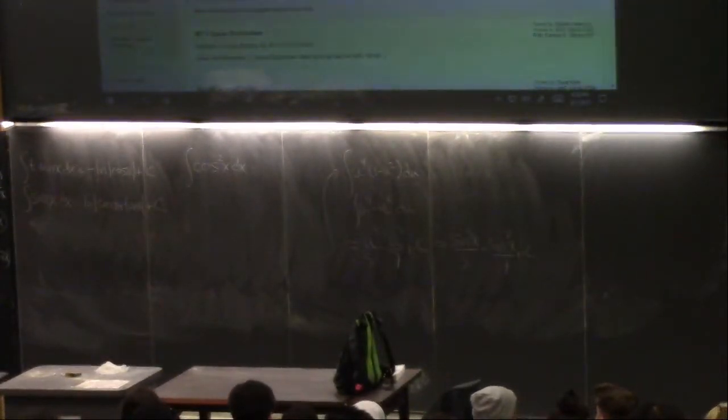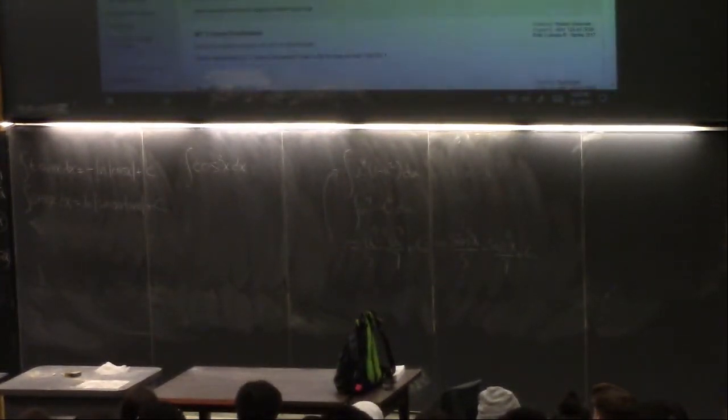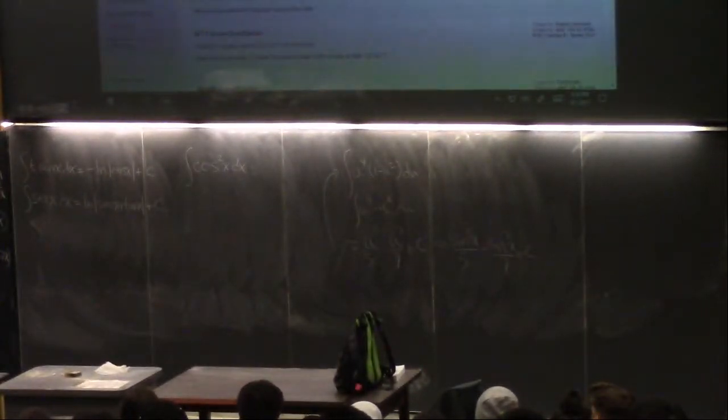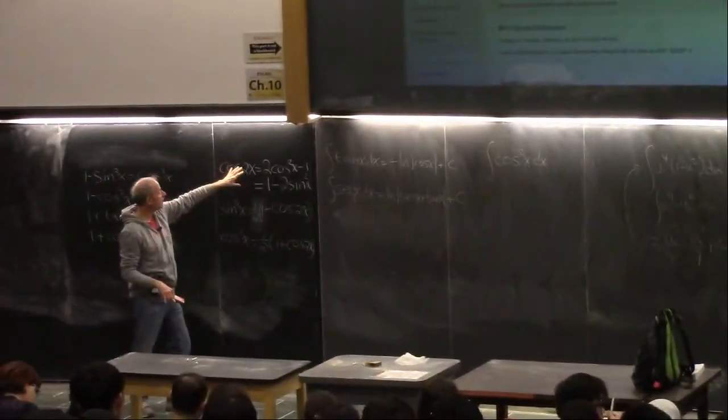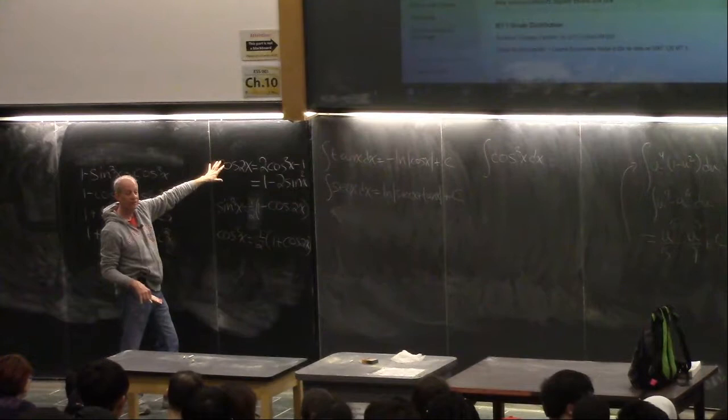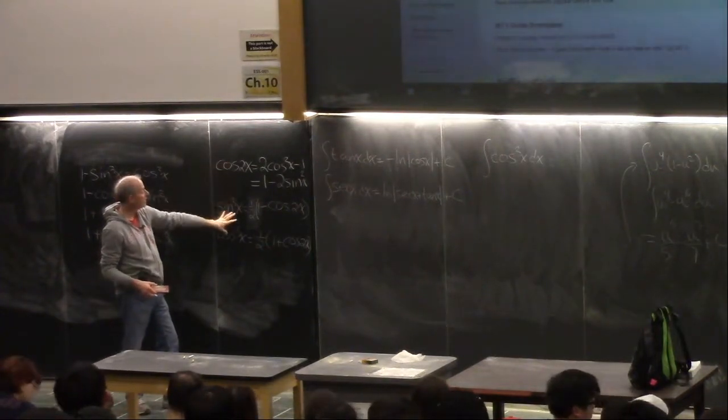I'm going to use an identity. So if I have cosine squared, I might use this identity right here. So yeah, well, these you should definitely memorize. I mean, you're supposed to know these. These two I recommend you memorize. Okay? Or you could derive them from the double angle formula. Okay? But I recommend that you memorize these.